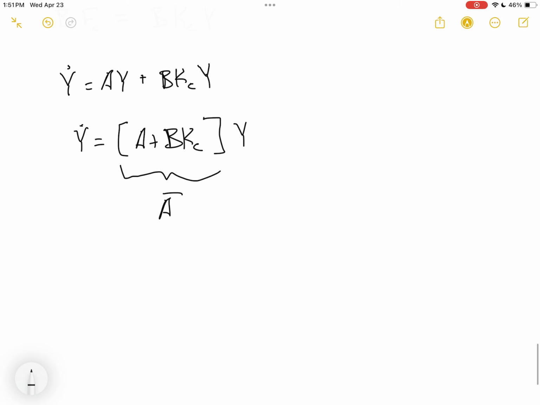That'll be in the homework assignment, and that'll be something that you can play around with in MATLAB using the eig command to see how those different values of K1 through K4 change what the eigenvalues are. The eigenvalues are the poles of the system, and will tell you whether or not you found control gains that stabilize the system.